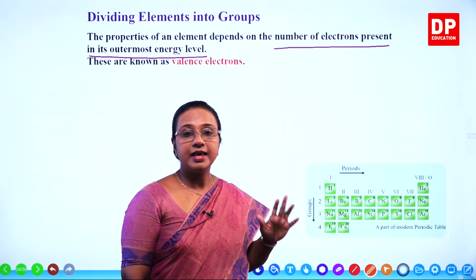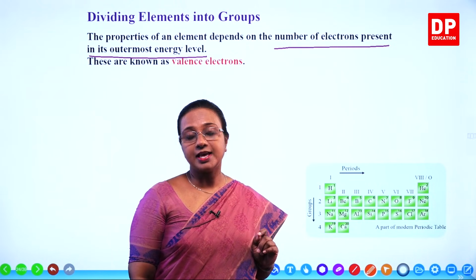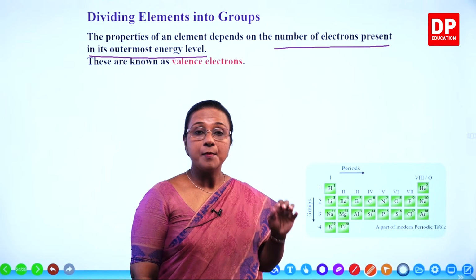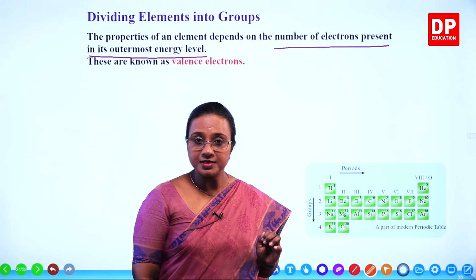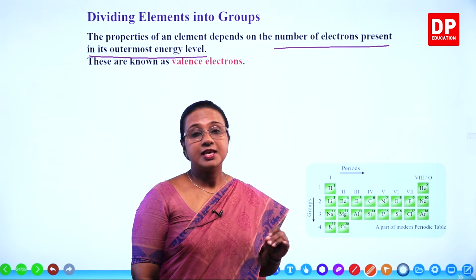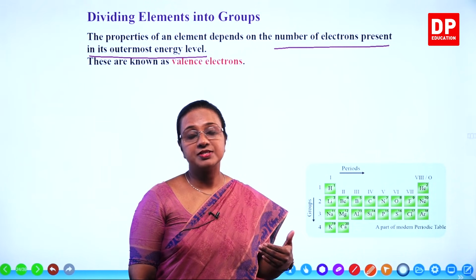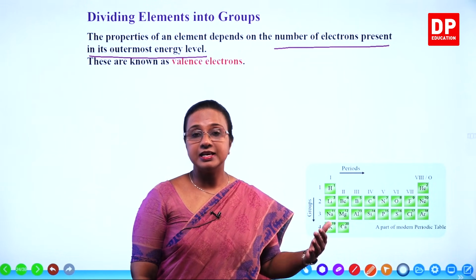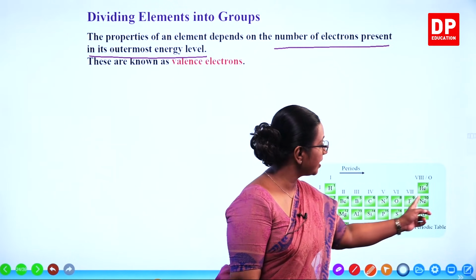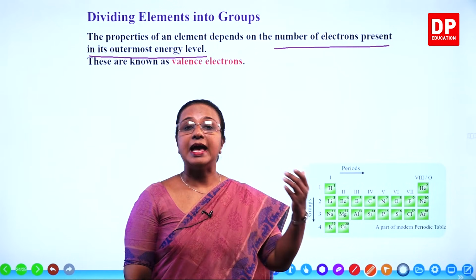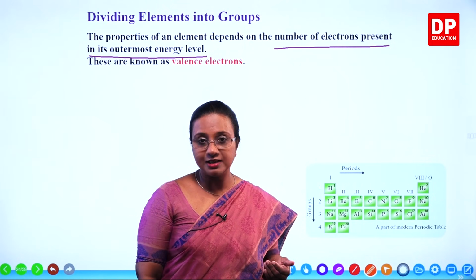That means they have electrons in the first and the second energy levels. But they are different elements, atoms of different elements. The difference is they have different number of electrons in the second energy level. Lithium 1, beryllium 2, likewise when we go to neon, it had 8 electrons in its second energy level.